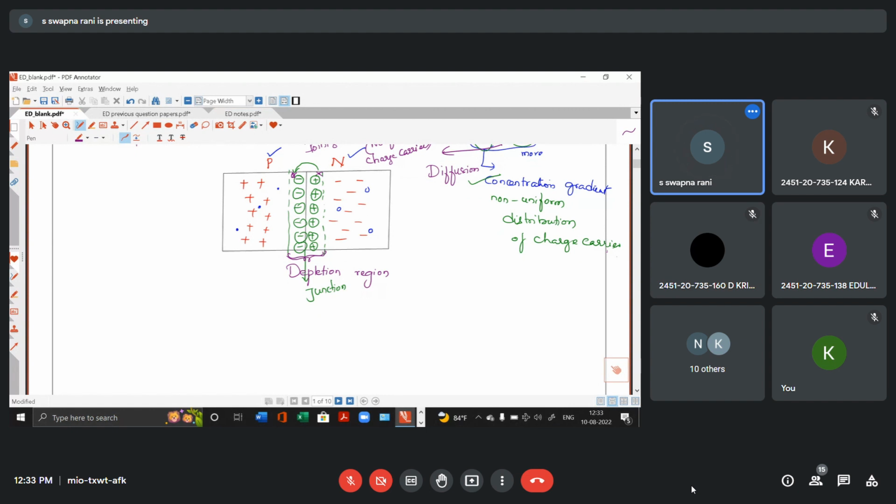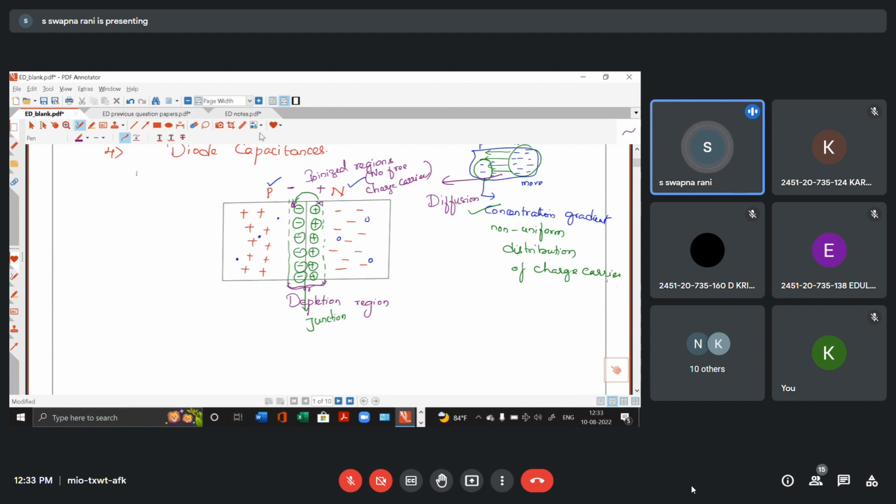Now, when this diffusion continues, a positive potential will be developed on the n side and a negative potential on the p side. The voltage difference across this depletion region is called the barrier potential, or cut-in voltage.